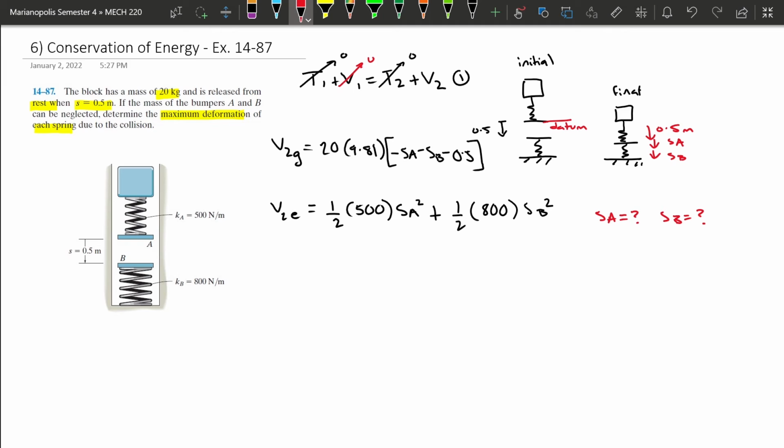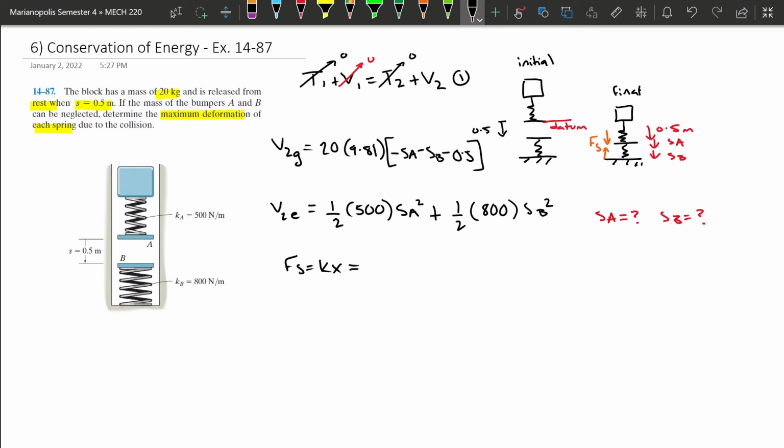We can use kinetics in here, right? We know our force, so we could use kinetics. In our final state, when we have our compression over here, I know that my force due to the spring is going to be equal and opposite, because it's our maximum collision, and this is Fs. So I know that Fs equals kx is going to be the same for the top spring and the bottom spring.